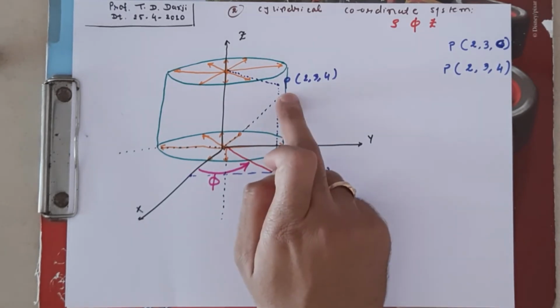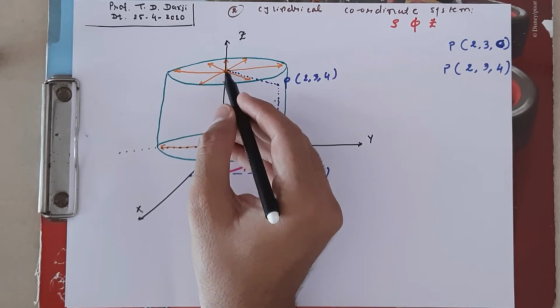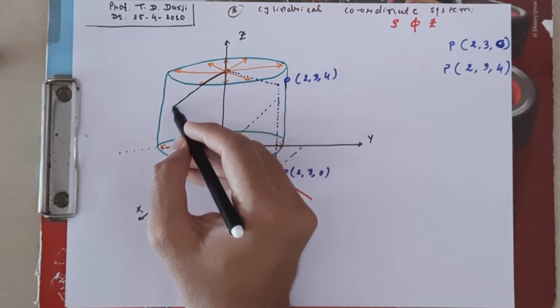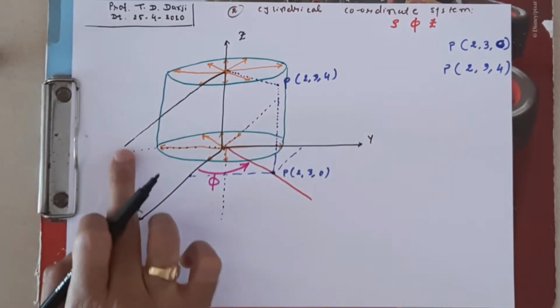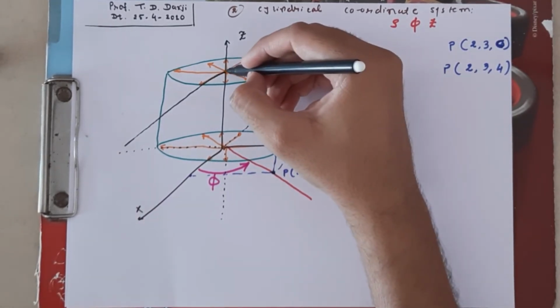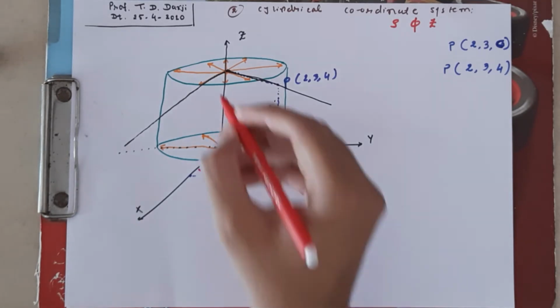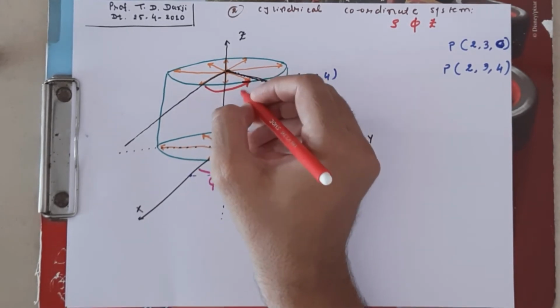So I have to draw one arbitrary line which is parallel to my x axis, and one more line from the same center point which passes through the point P. Whatever angle I measure is phi.